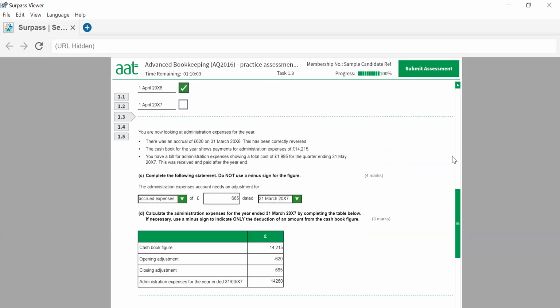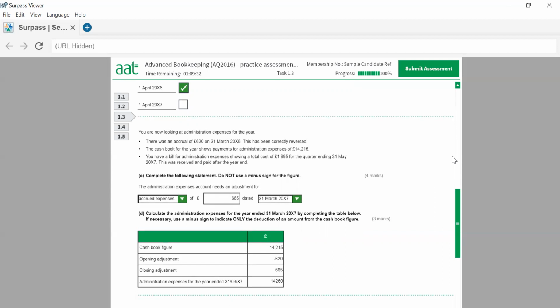He said the cash book shows payments for admin expenses of £14,215. So then I've done an admin expenses T account, and I've debited the admin expense of 14,215, and the narrative is bank. But what we're going to do is close that accrual. So that opening accrual of 620 on the 31st of March, I'm going to close it now.